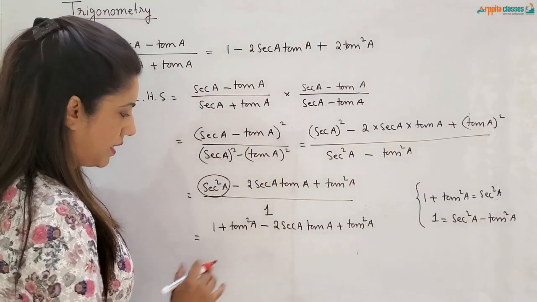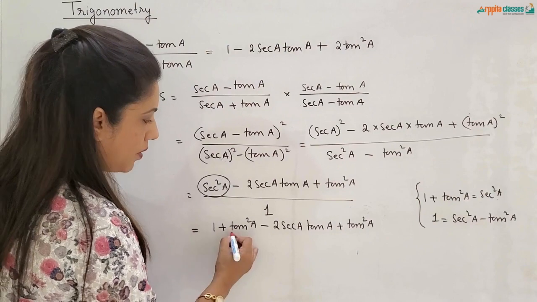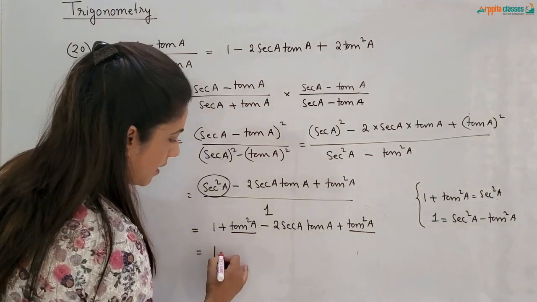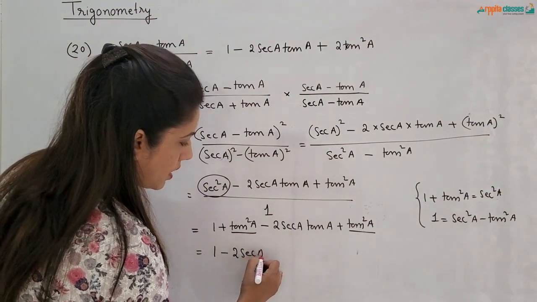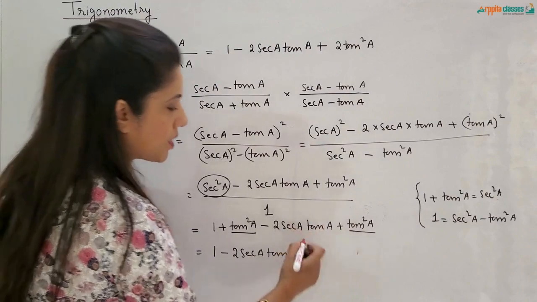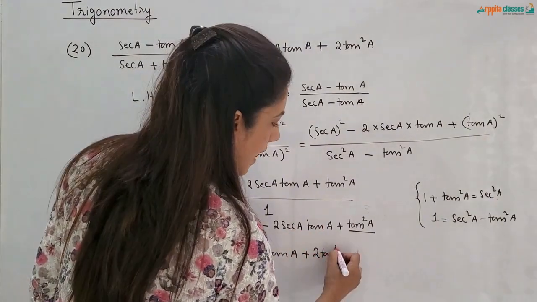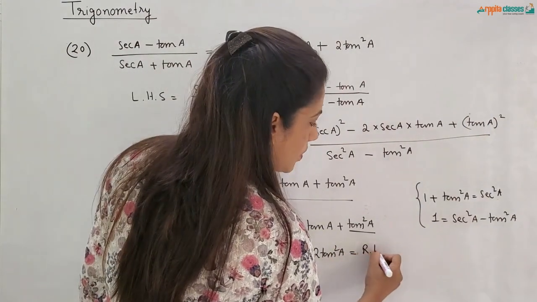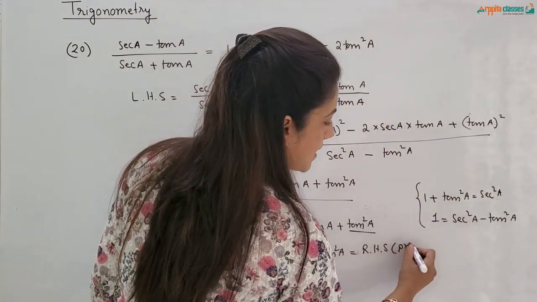So we don't write it again. Now tan square A plus tan square A is like term. So I am going to write 1 minus 2 sec A tan A plus 2 tan square A. Now look at your right hand side, we already got it. So this is equal to right hand side, hence it is proved.